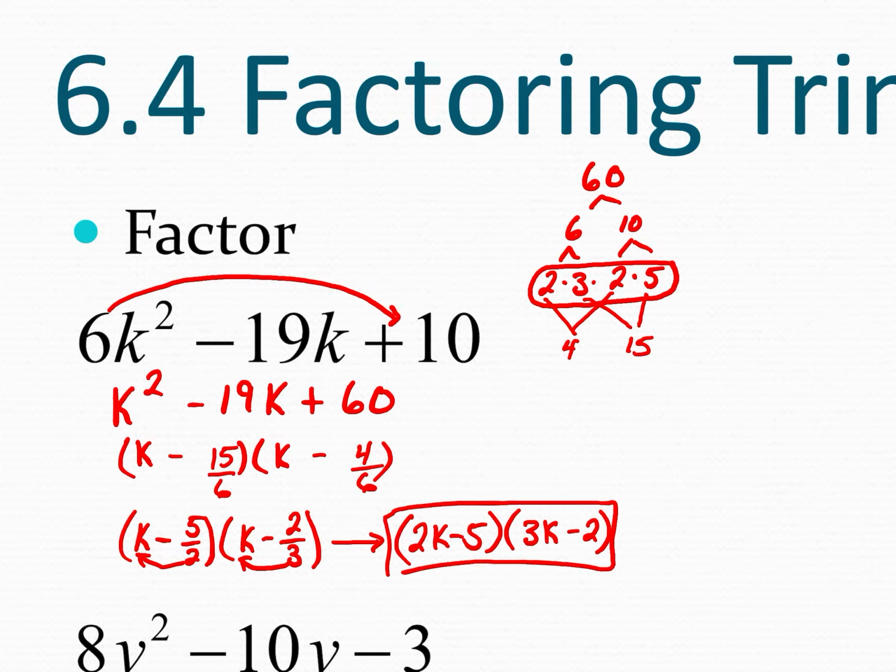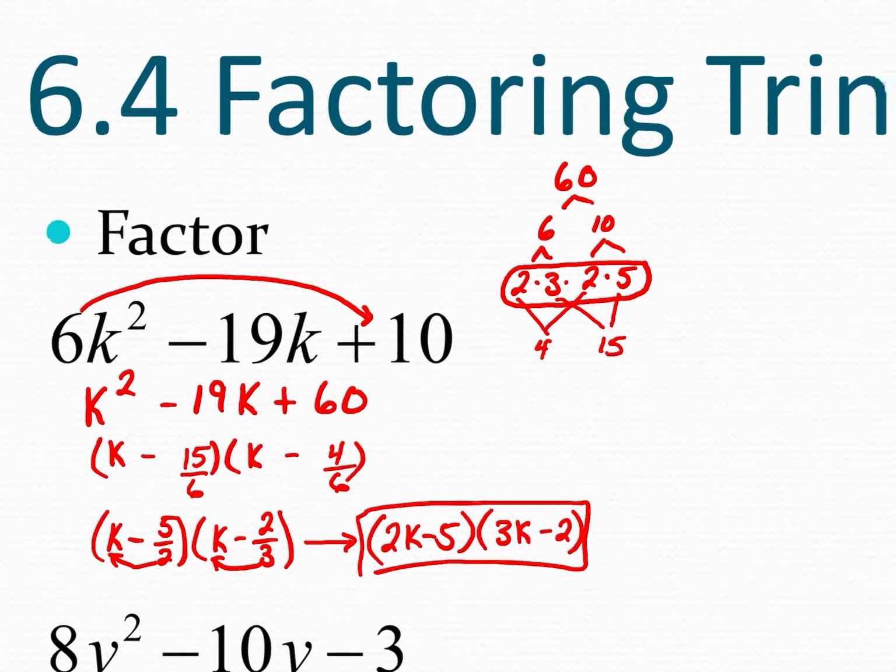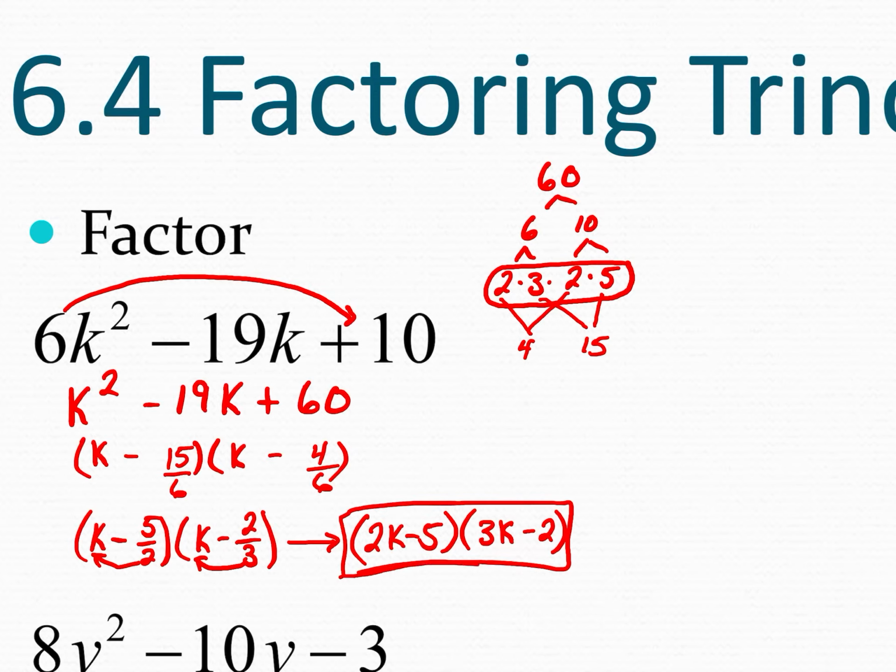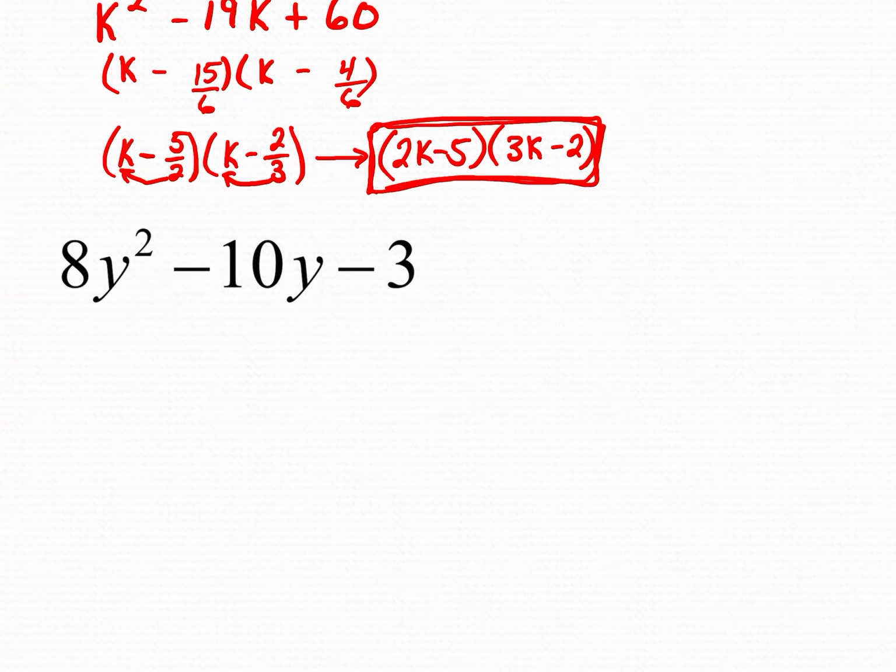You have to have the right binomials together. So for example, if you did 2k minus 2, that's not going to work. It's not going to multiply together to give you what you started with. This is the only answer that is possible. If you have anything else, it's wrong. So just be aware of that. Now, continue on and look at the next problem.